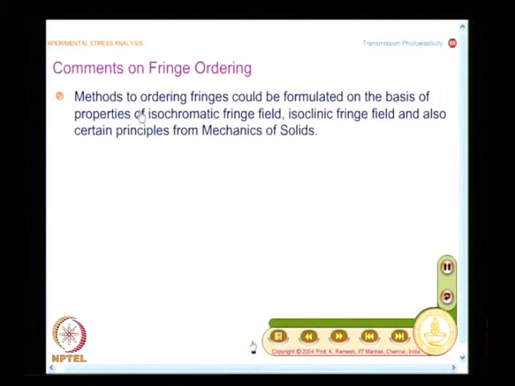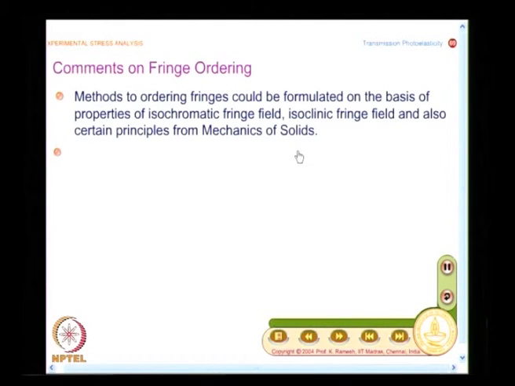And certain aspects could be understood if you look at properties of isochromatic fringe field and also properties of isoclinic fringe field, and you can get some kind of help from principles of mechanics of solids.